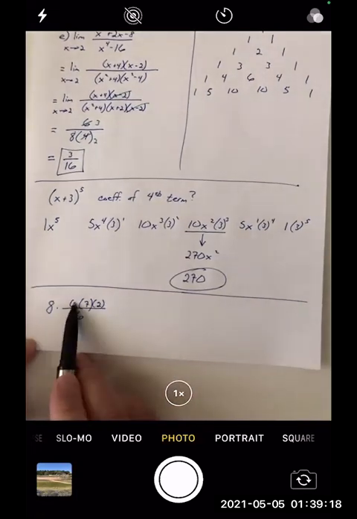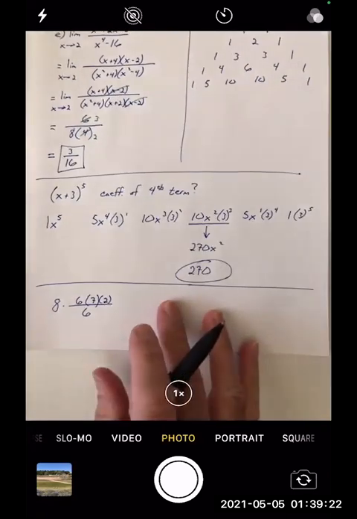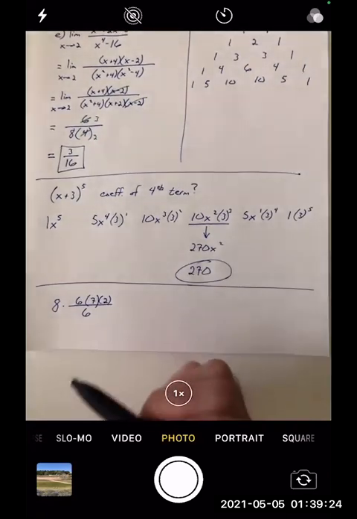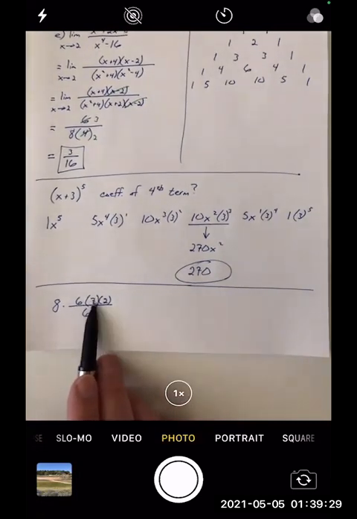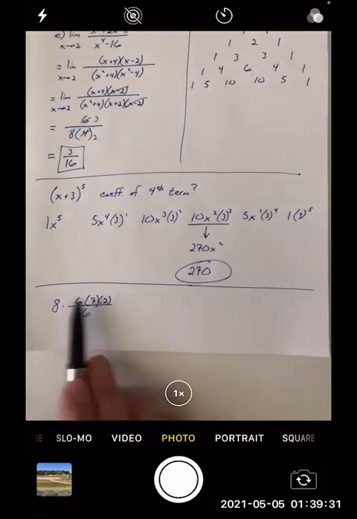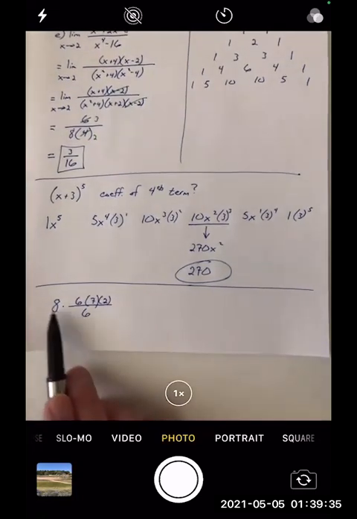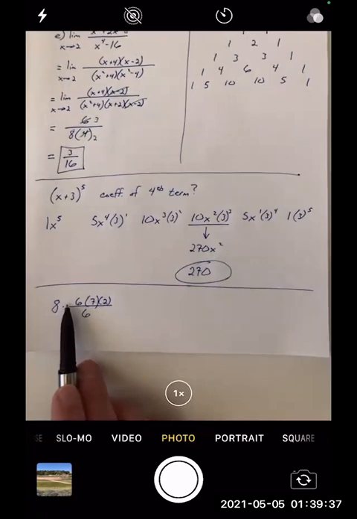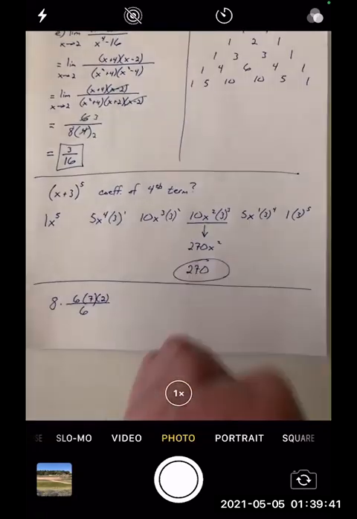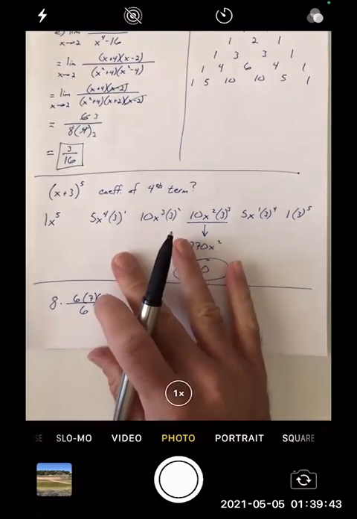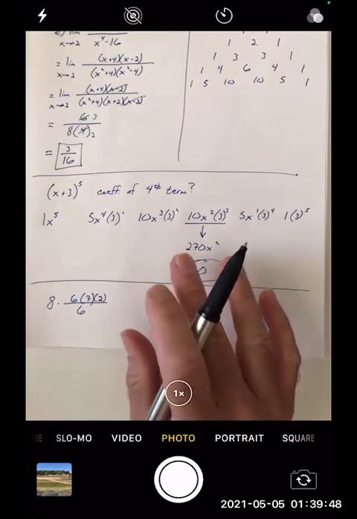So you have 8 times 6 times 7 times 2, all divided by 6. What I see the majority of students do is multiply 6 times 7 times 2, get that total, divide by 6, and then multiply the result by 8. That's totally fine. It's not wrong, but it's probably not the best way to do it.